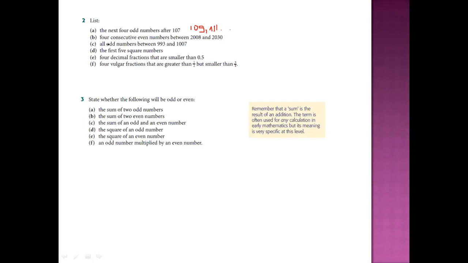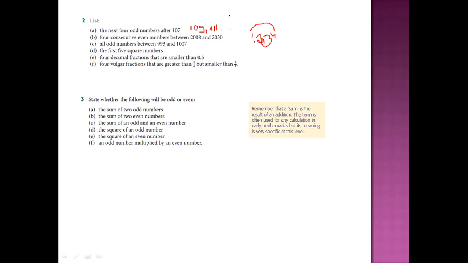And a big one: 4 consecutive even numbers between 2008 and 2013. What does consecutive mean? For example, what are the consecutive numbers between 1 and 4? Exactly 2 and 3 are consecutive numbers.